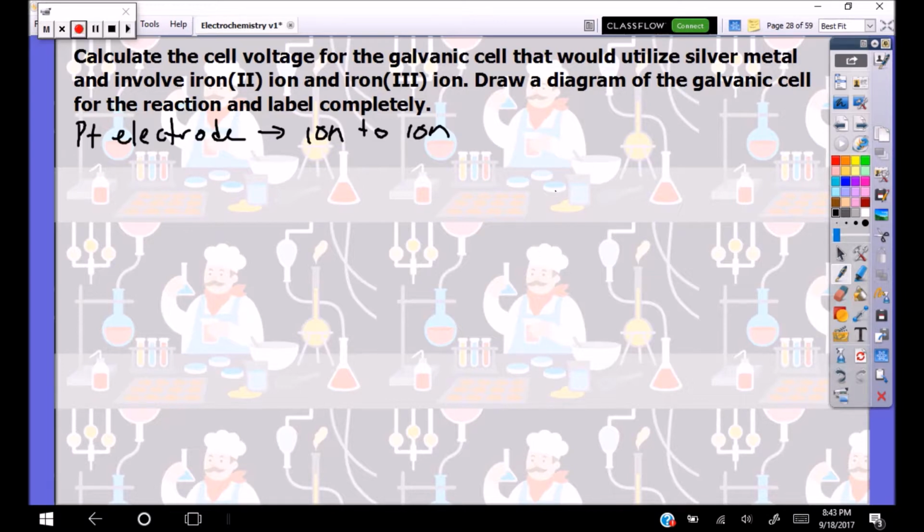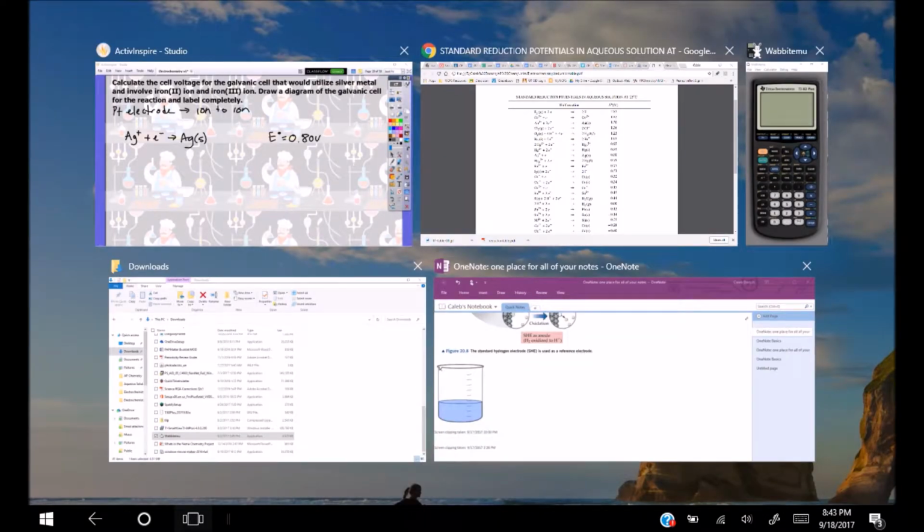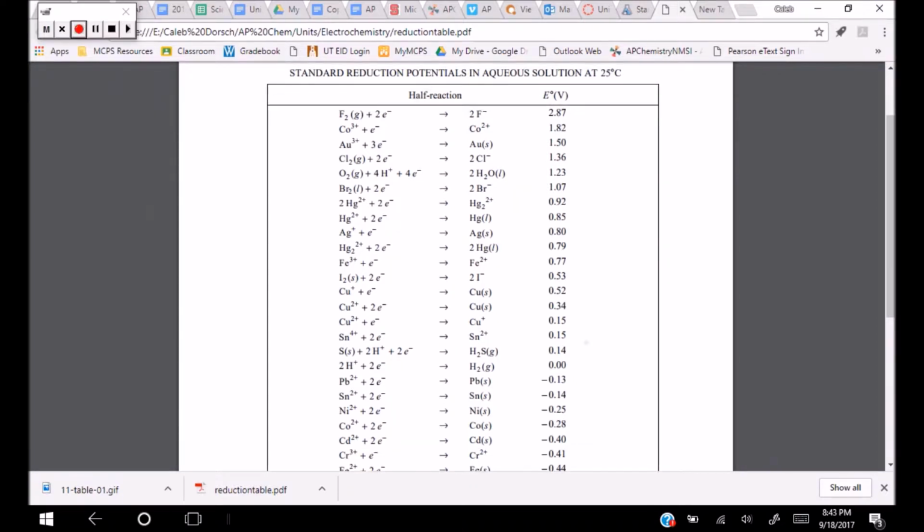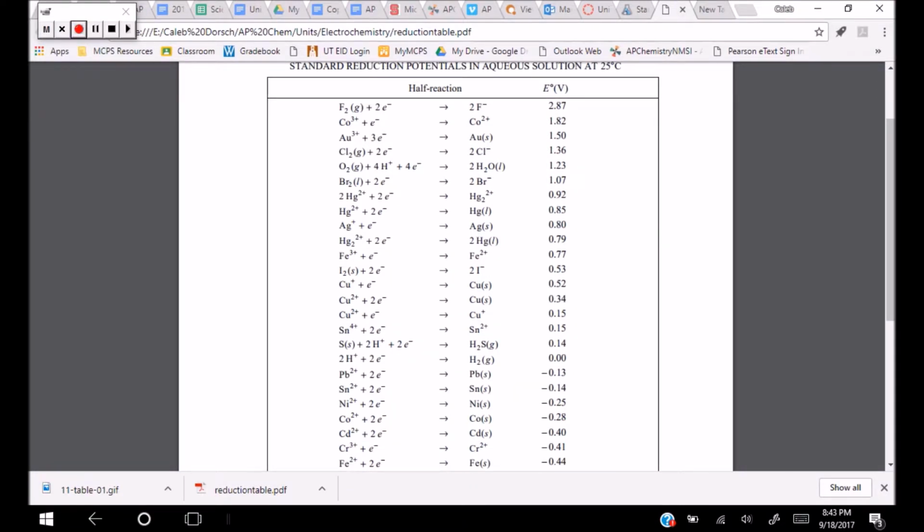So we've got Ag plus an electron, and we get Ag solid, and our reduction potential is 0.80 volts. And then the other one, we've got to find the iron that goes from Fe3 plus to 2 plus, which is actually right below it.